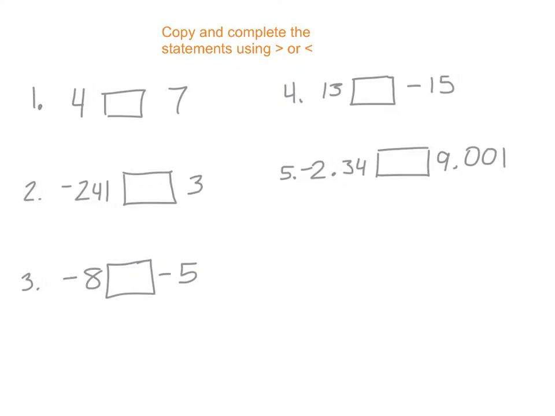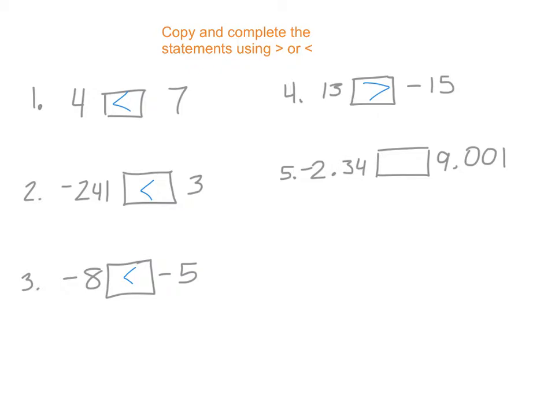Okay, so hopefully you've had some time and you got that one, that one. This next one's a little interesting. Which one's greater? Well, even though they're both negative, -5 is closer to 0, and when we're talking about negative numbers, closest to 0 is what matters. And then over here, what are we going to use? Well, I think we're going to face that way because 13 is greater than -15, because this is not a 15, it's a -15.